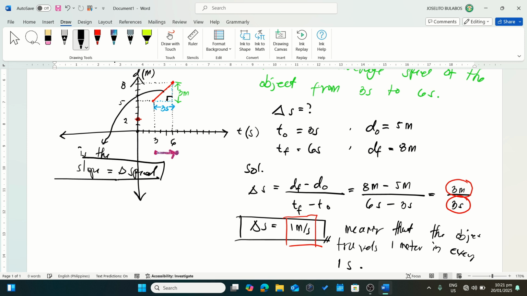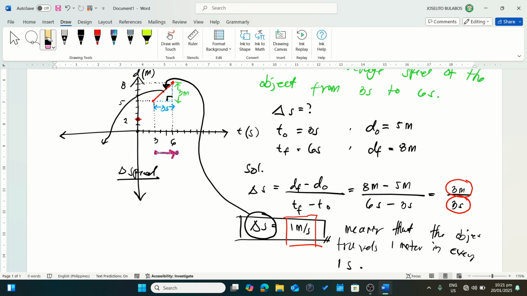So in a sense, we could think of average speed as the slope of the line, this red line. Okay, so that is average speed. It's nothing but the slope of the line.